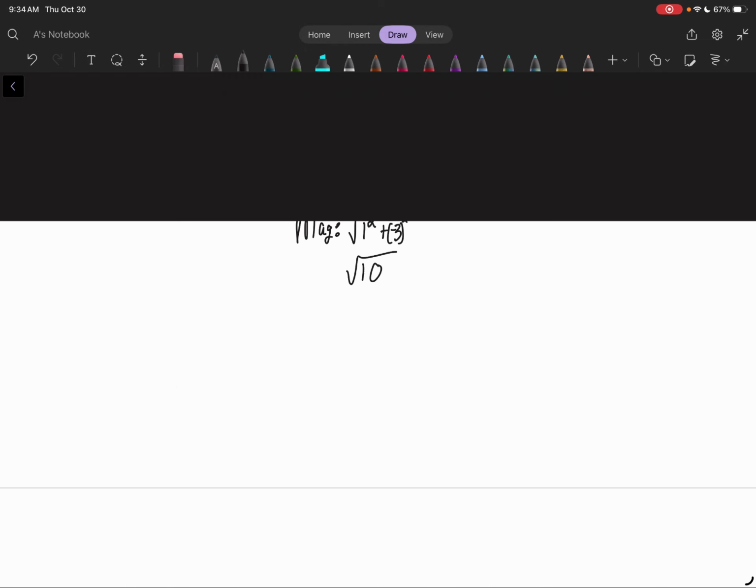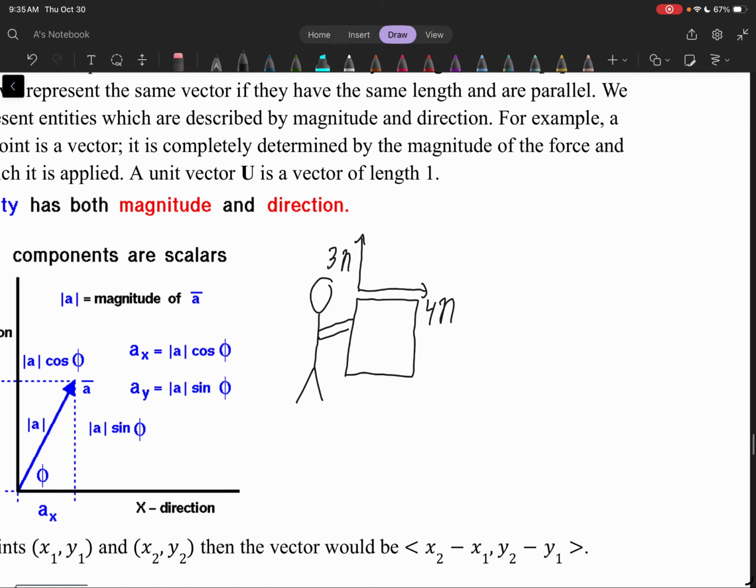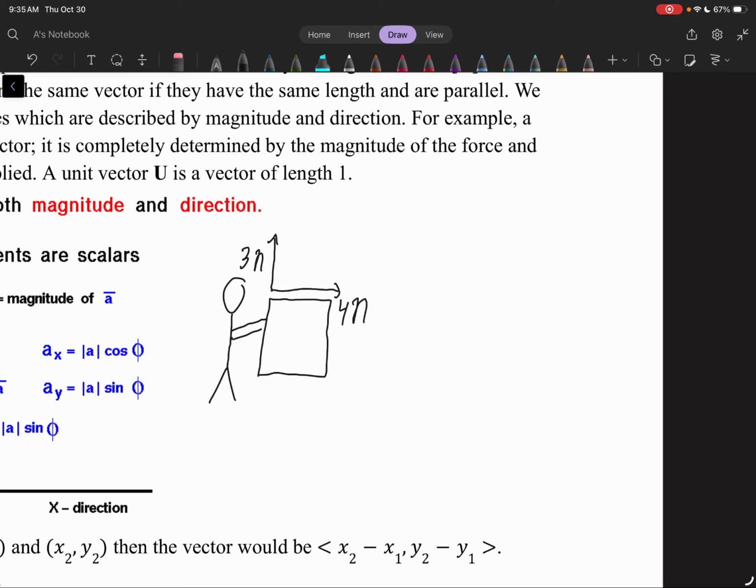Now let's answer that initial problem about pushing the box. To do this graphically, you could move either vector, your choice, and get the line of this. But I'm combining the 3 to the northward component, 4 to the eastward component.